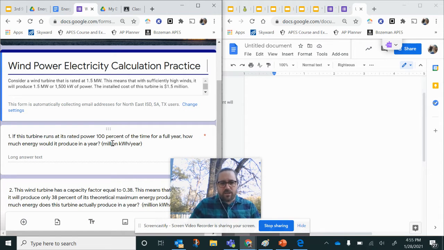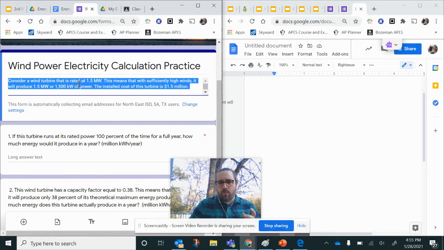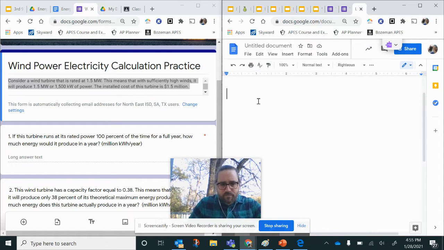What does it do in a year? So I go up here and I'm like, okay, 1,500 kilowatts moving through, and all I need to know now is how many hours there are in a year. I'm not putting units on here. You do it: 1,500 kilowatts times how many hours are there in a year?